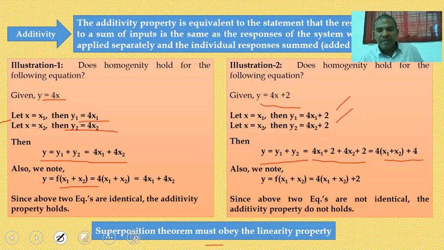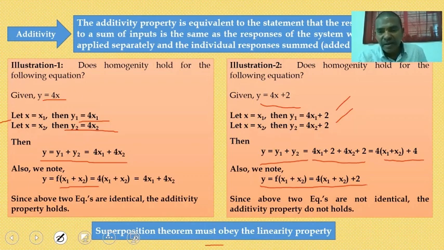So that means the overall response, if you substitute x is equal to x1 and x is equal to x2, you are getting 4 into x1 plus x2 plus 4. Now the basic equation, y is equal to a function of x1 plus x2, is equal to 4 times x1 plus x2 plus 2.